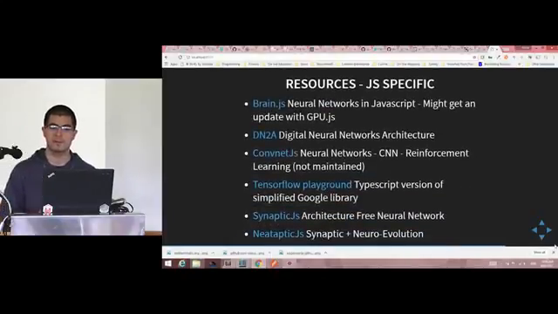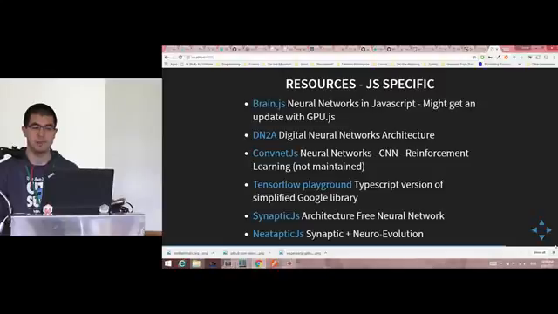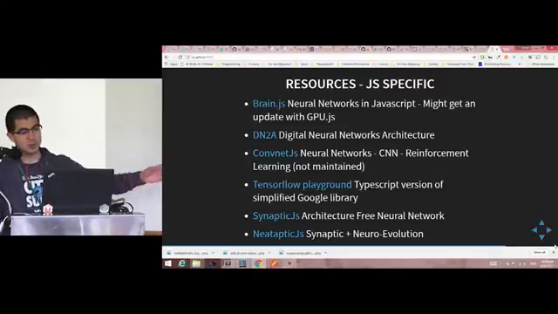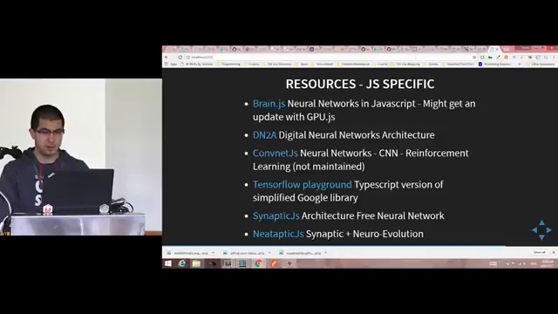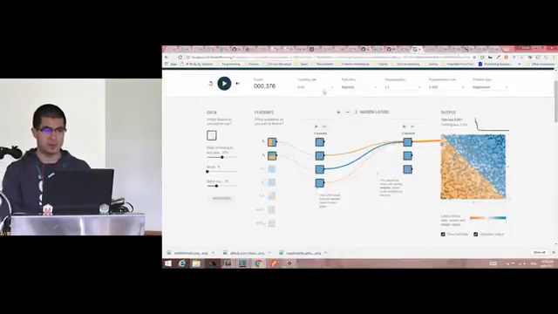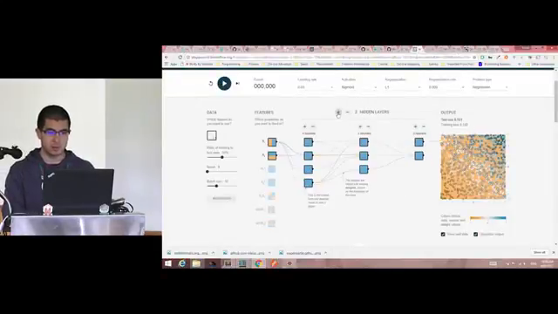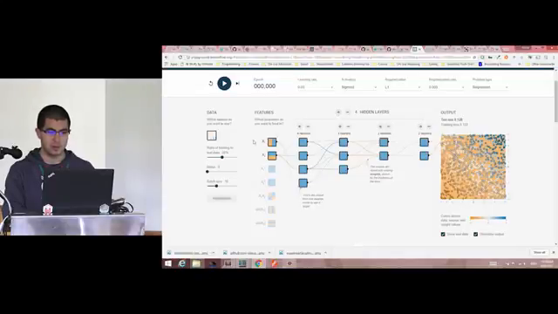So there are a number of JavaScript-specific resources. ConvNet.js, unfortunately, is no longer maintained. For TensorFlow, you have a nice TensorFlow playground to play with, which is here. You can add a number of hidden layers, different features.